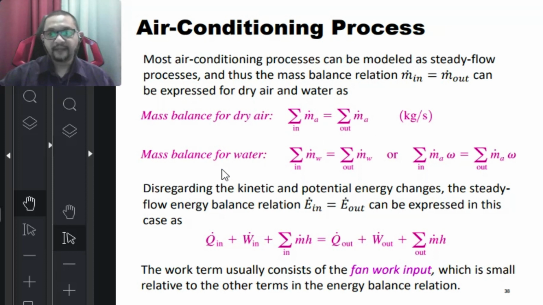Also for the mass balance of the water, the total in of m dot water is equal to the total out of m dot water. Or this can be structured as the total of m dot water times the specific humidity, omega, in is equal to the total out of m dot water times the specific humidity omega.